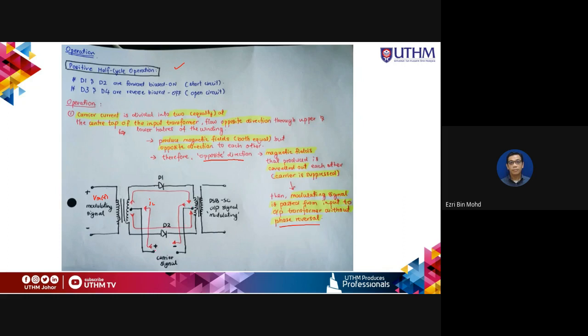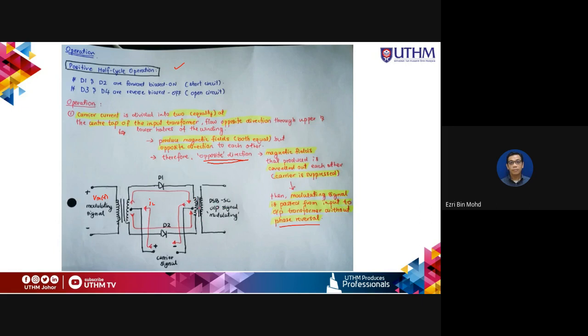So the carrier reaches the center tap of the input transformer and the current is split in half. One half goes through diode D1 and the other half goes through D2. So they produce magnetic fields that are equal but in opposite directions. The opposite direction means the magnetic fields cancel each other out. So here the carrier is suppressed.